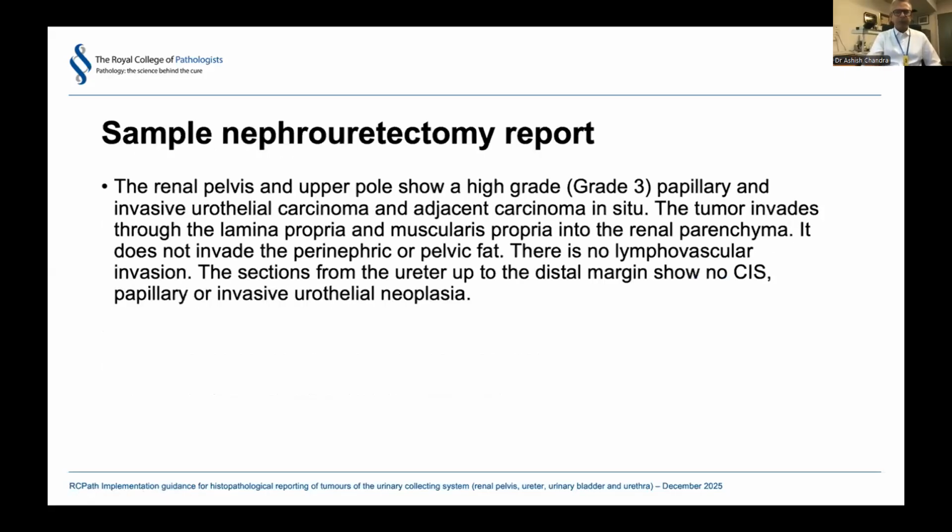So your sample report in such a case actually could be quite brief and include all the important positive and negative findings, the grade of the tumor, presence of any CIS, and the depth of invasion for appropriate staging, mention of any lymphovascular invasion, and of course, the clearance of the distal margin and the circumferential margins.